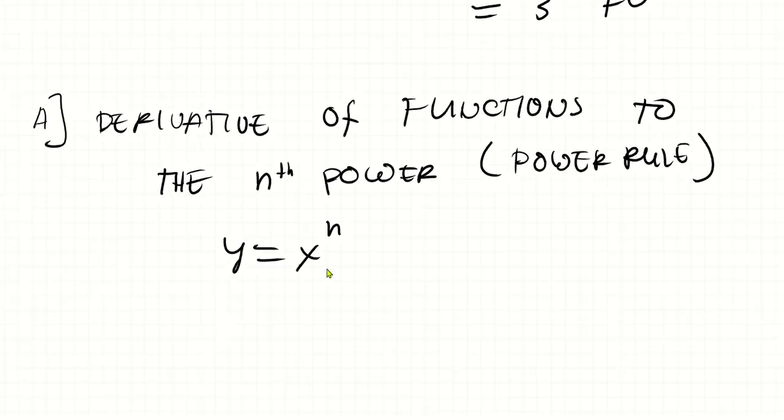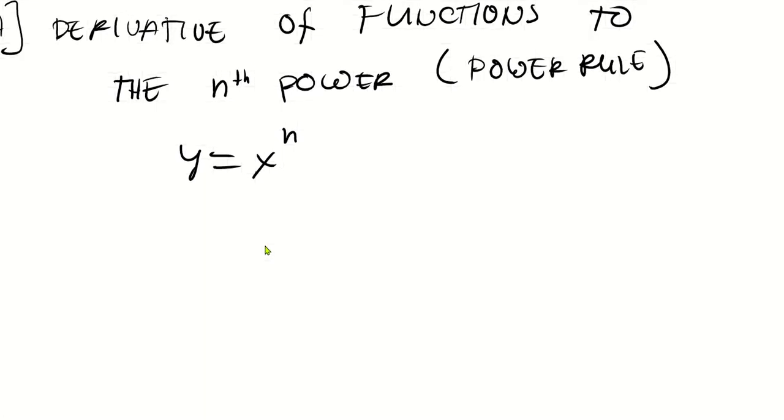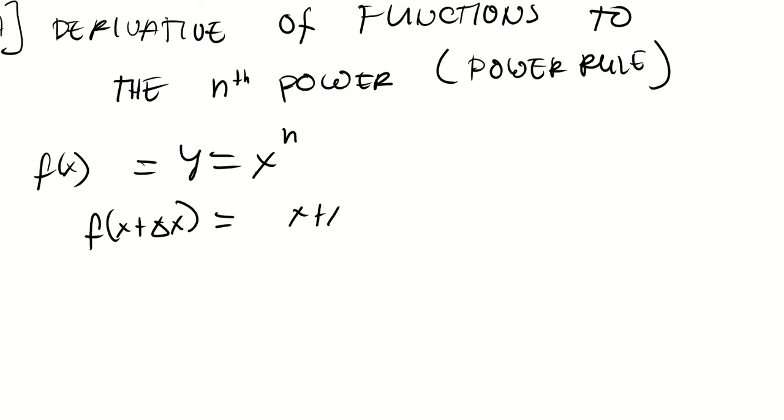So we can derive it using the definition of a derivative. So first, instead of y, we can use f of x. And next, we need to know f of x plus delta x, as usual. And that will be equal to x plus delta x raised to the n power.